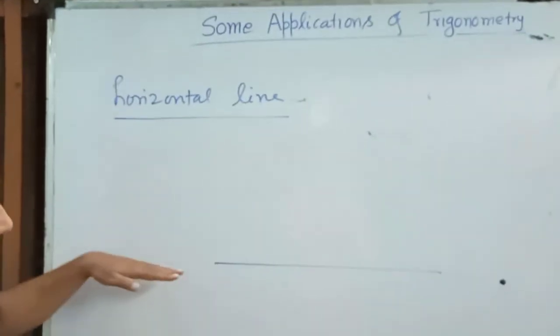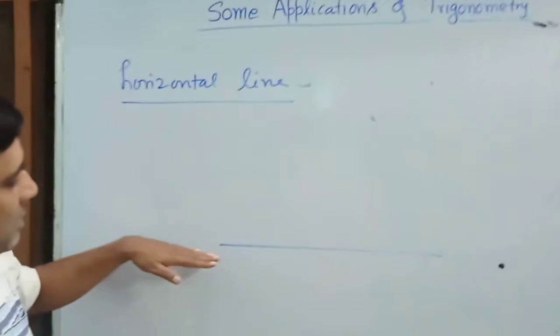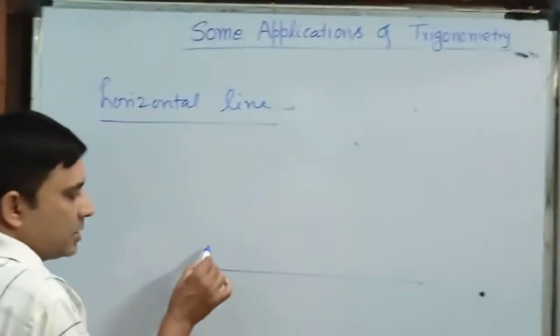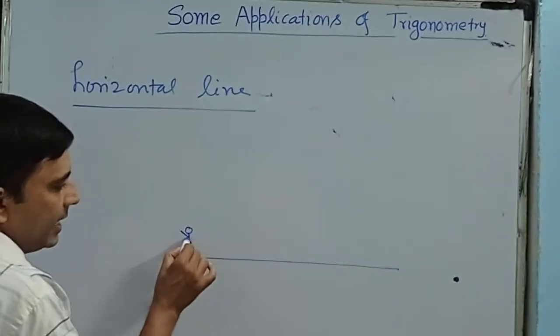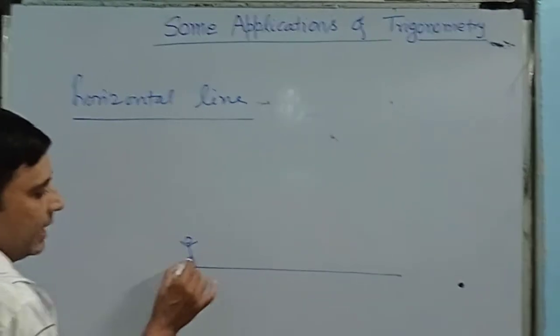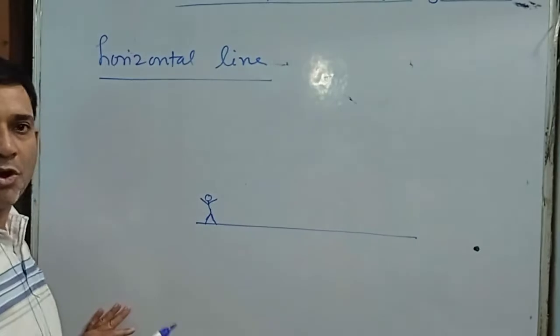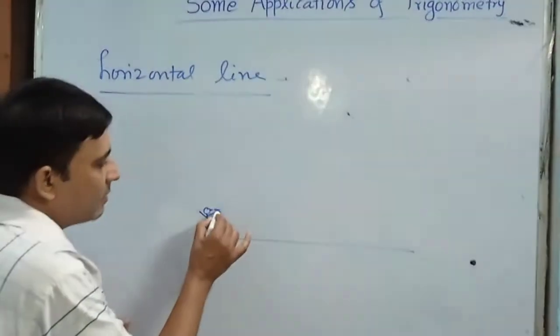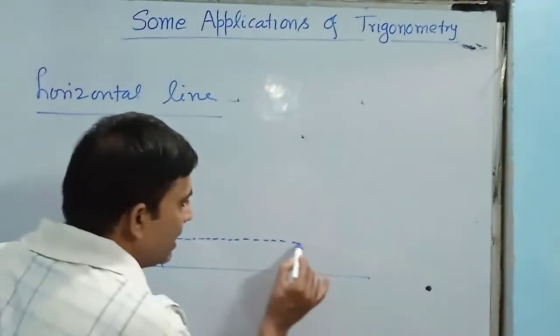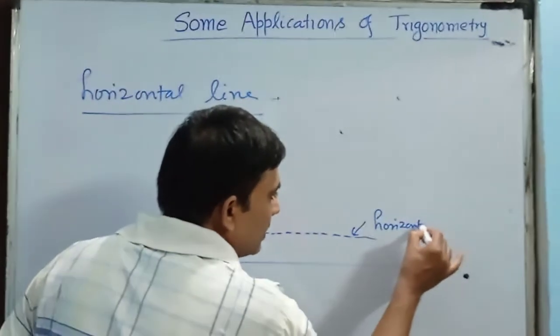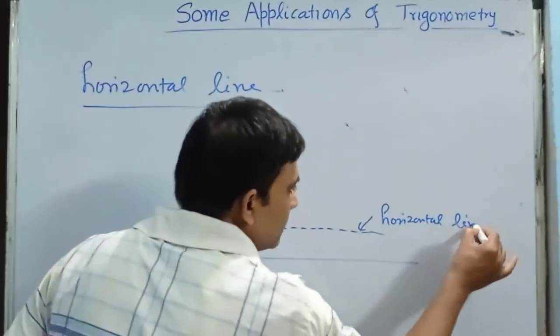We always take ground as horizontal, ground or sea level, whatever the context. And suppose a person is here and his or her height is given. Then what is horizontal line? Horizontal line is always drawn from the eyes of observer and parallel to ground. This is horizontal line.